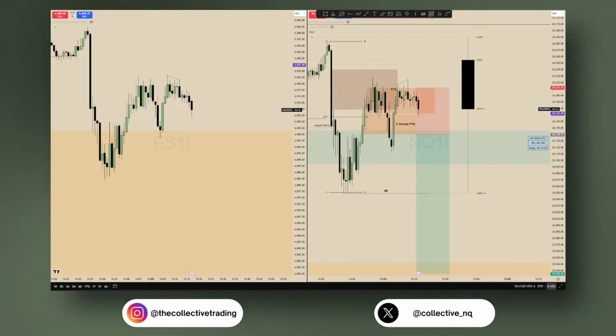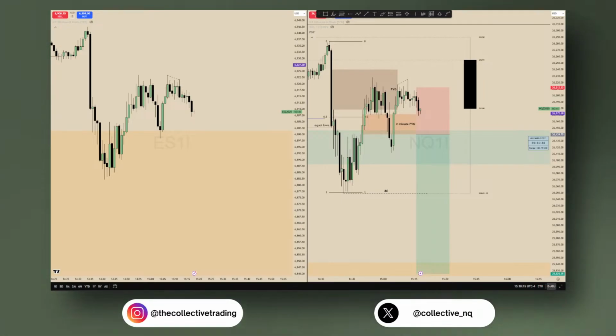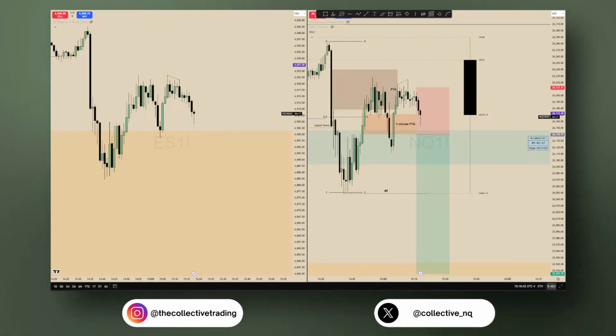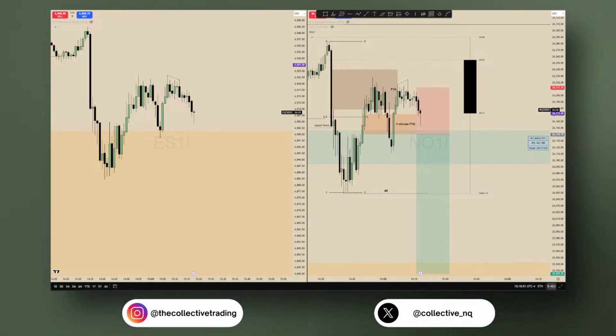I would pretty much call this all consolidation, all box. So very fairly bullish reaction off of that.